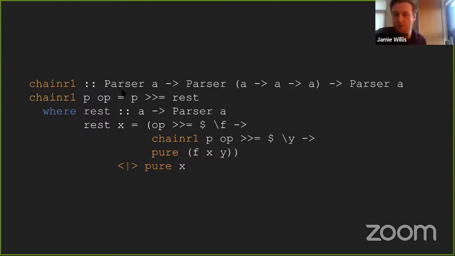It allows you to take atoms of type A and separate them by operators of type A to A to A, right associatively. So you could pass, say, chainr1 of a natural and the plus operator, and have it read something like 7 plus 8 plus 9 plus 10 plus so on, and have it all bracket off to the right. That's what the R means.